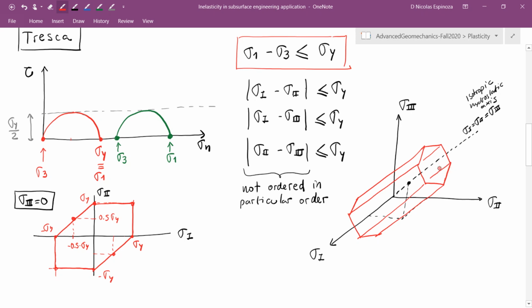I hope that you can see more or less what this yield surface is.